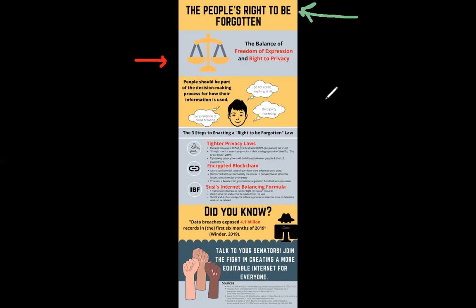However, we kind of have to balance that with each individual's right to privacy. So we all want to have certain information about ourselves not be broadcasted on the internet for everyone to see, because the internet really isn't a free-for-all for everyone, but should just be like an objective place where we can all get the information that we need. So a law like the right to be forgotten would allow people to balance the freedom of expression and the right to privacy.